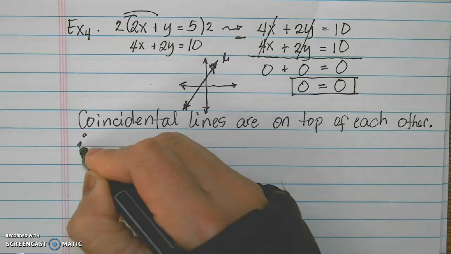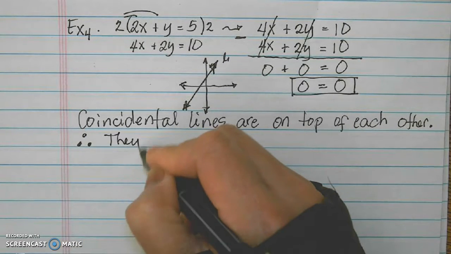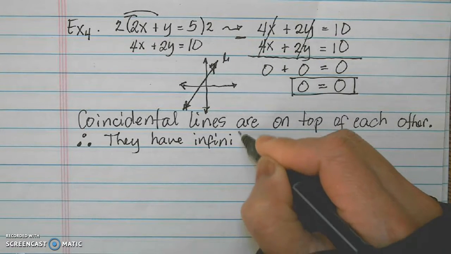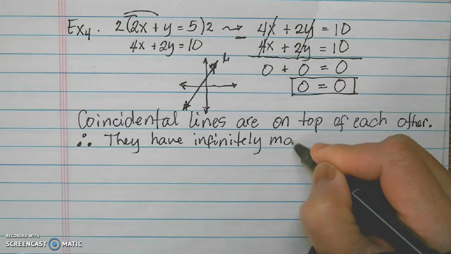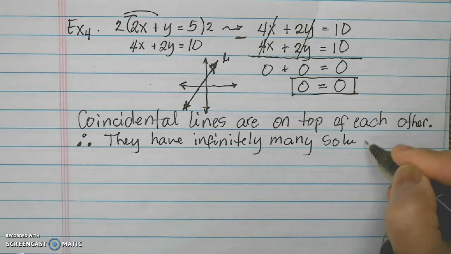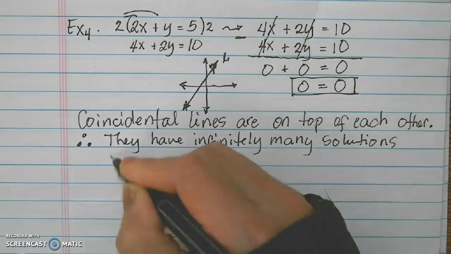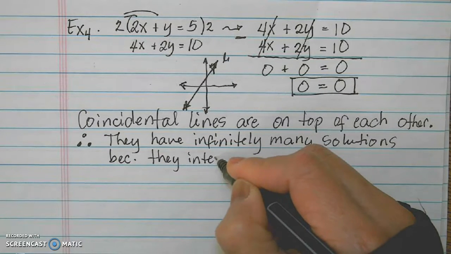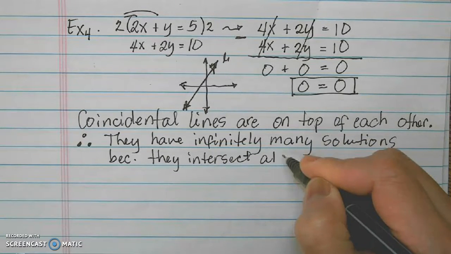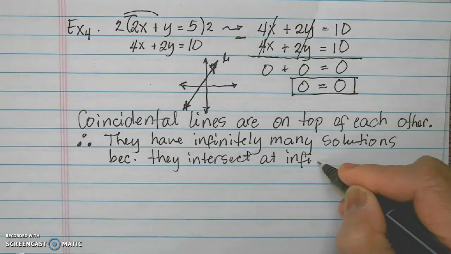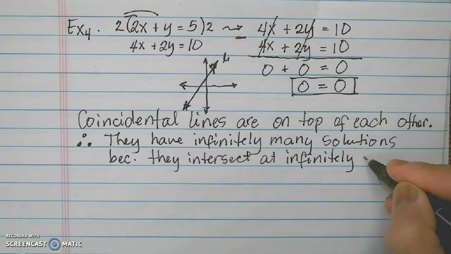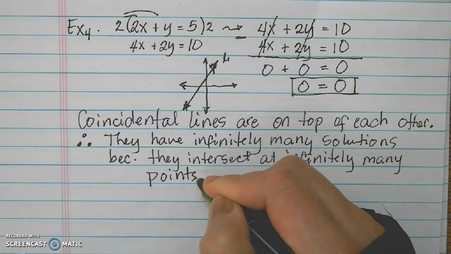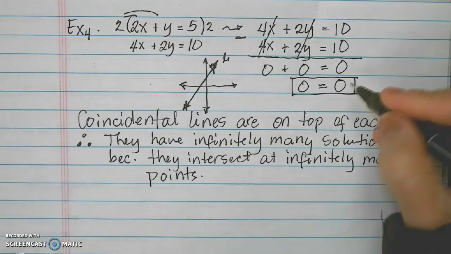Therefore, they have infinitely many solutions, because they intersect at infinitely many points. And using the equation, that happens when this happens.